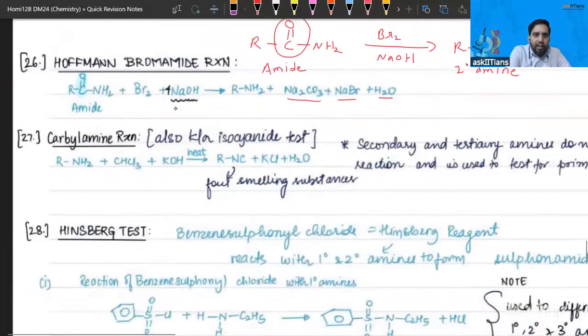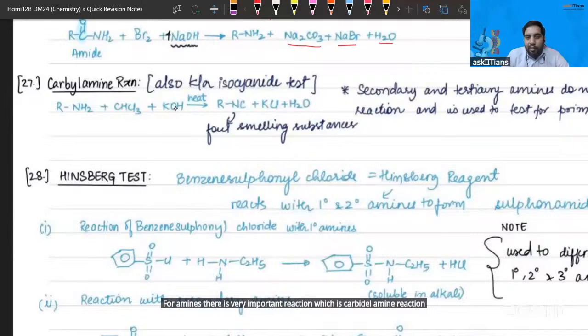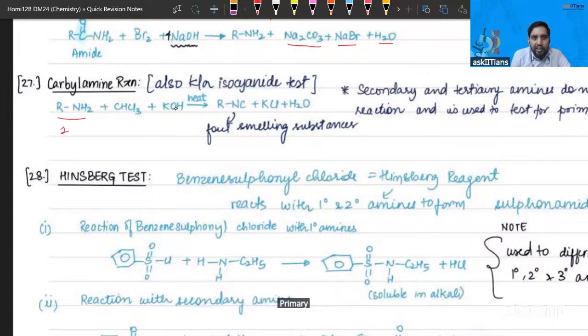For amines, there is a very important reaction which is carbylamine reaction, also known as isocyanide test. RNH2 primary amine reacts with chloroform and KOH to produce RNC, alkyl isocyanide, KCl, H2O. So in the exam they can ask you the reaction of methanamine with chloroform, KOH.